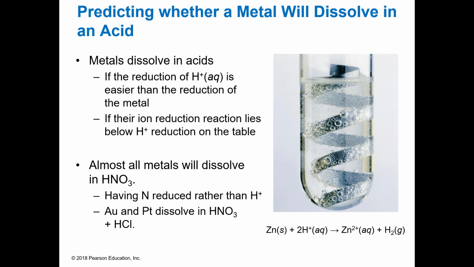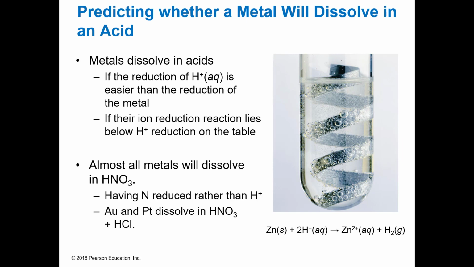Hydrochloric acid could not reduce the copper, and the chloride ion in the hydrochloric acid is just a neutral ion. So then you had to add nitric acid. When you added nitric acid to copper, you saw this brown gas given off. What happens here is the nitrogen in the nitric acid is reduced.